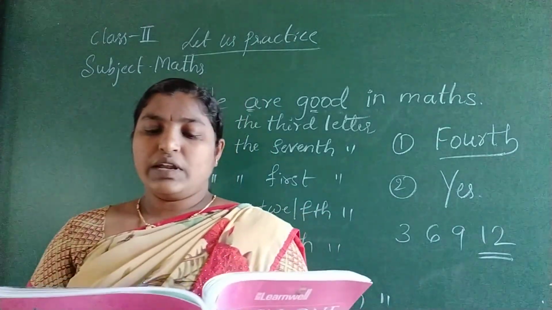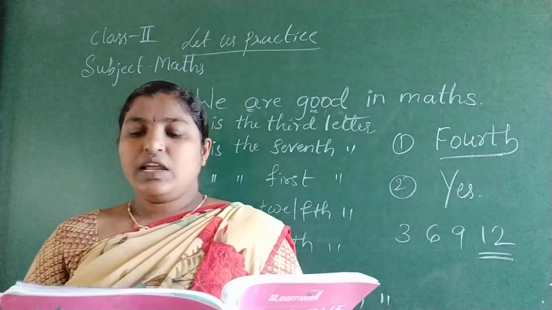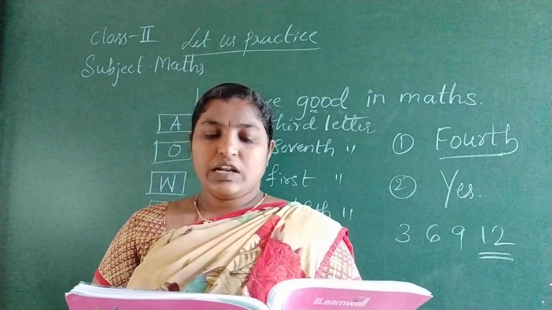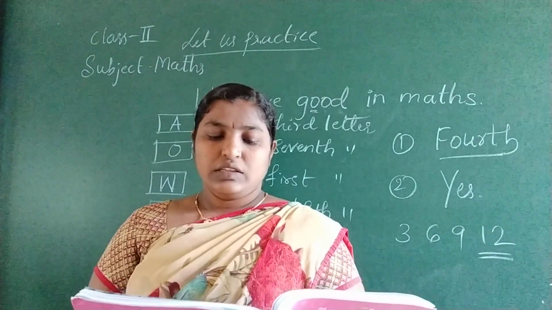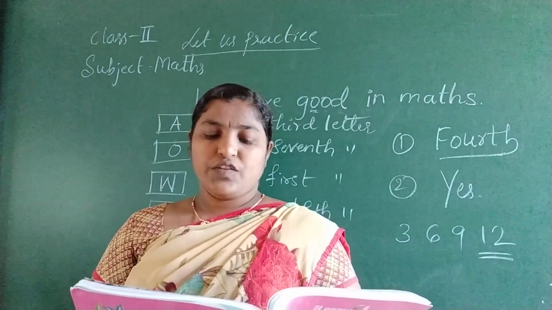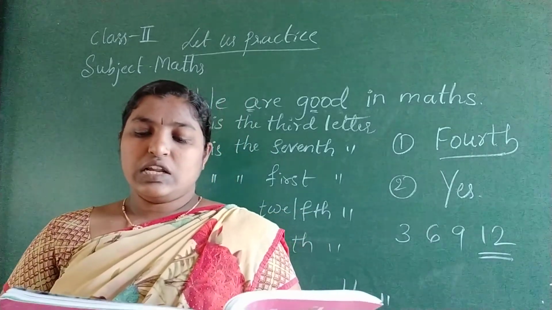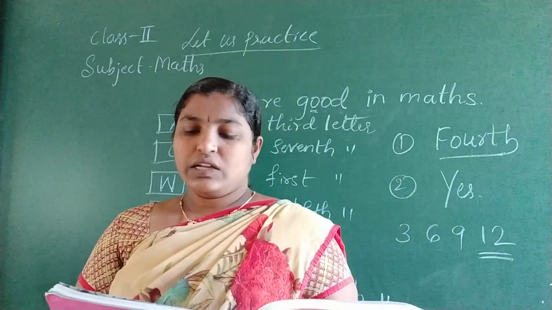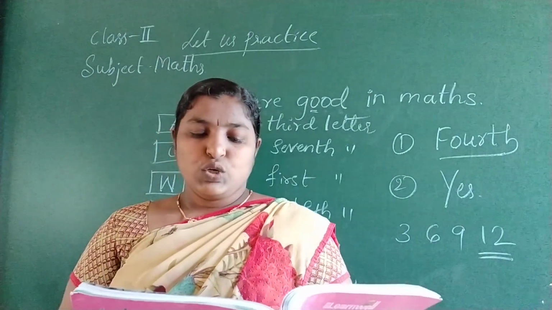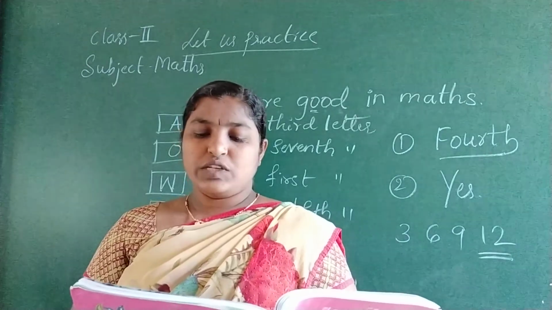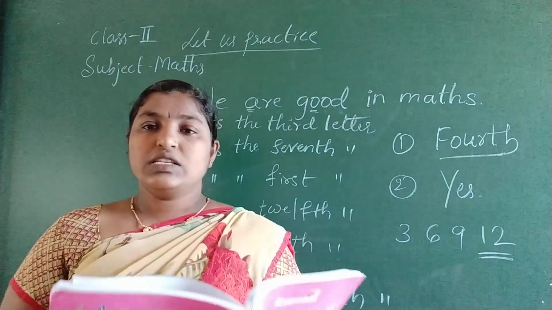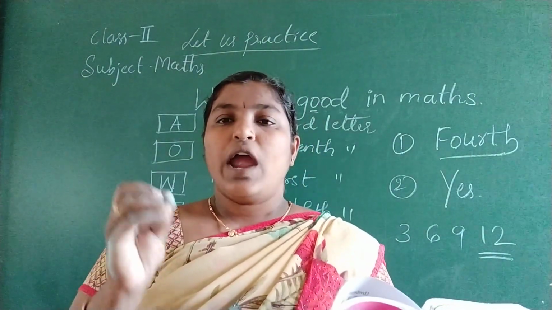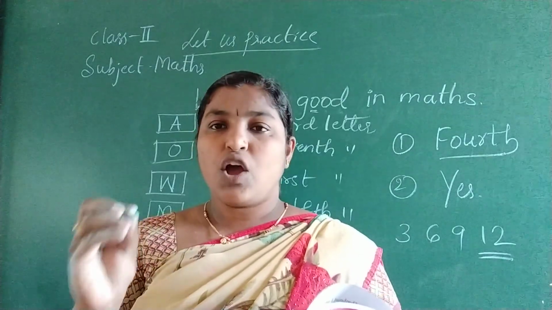An ordinal number tells the position of something in a list such as first, second, third, etc. First color red, second color green, third color blue, fourth color yellow, fifth color pink. 6th color purple, 7th color white, 8th color black, 9th color grey, 10th color orange. To identify the position of the object in a line. So in this sense, ordinal numbers help us to identify the position of objects.